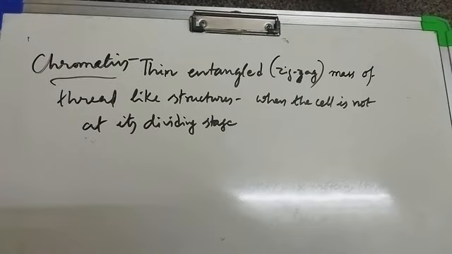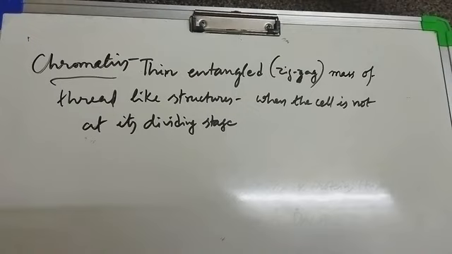When the cell is about to divide, what will happen? The chromatin material gets organized into chromosomes. Why does it get organized into chromosomes? In order for the genetic material to get split equally to the daughter cells.